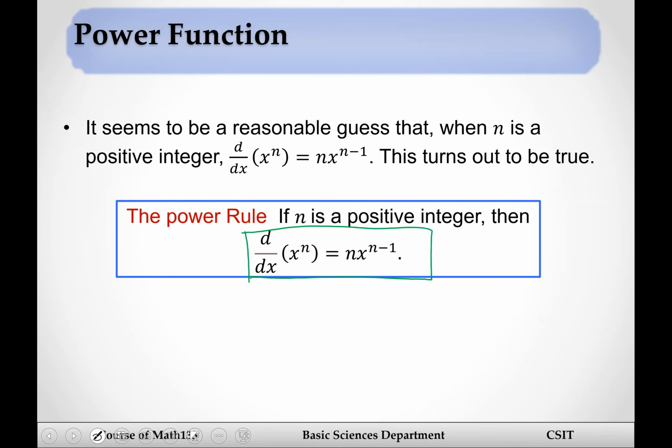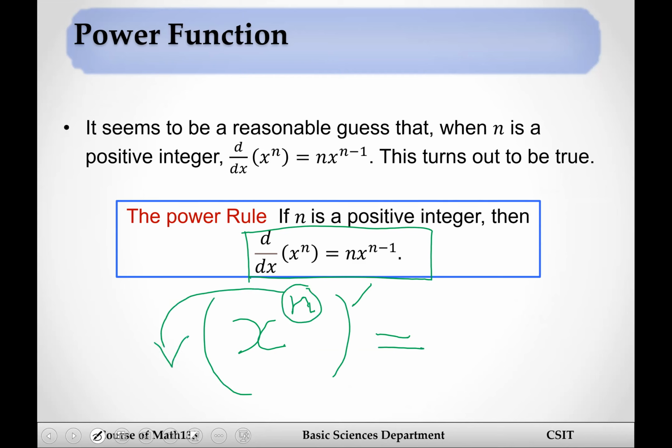So in practice, when you have x power a number n, whatever the n, it can be any real number. Okay, so when you want to take the derivative of this monomial, what you do is take the n in front of the x. So it's n, then x, and the power here, you make it n minus 1.